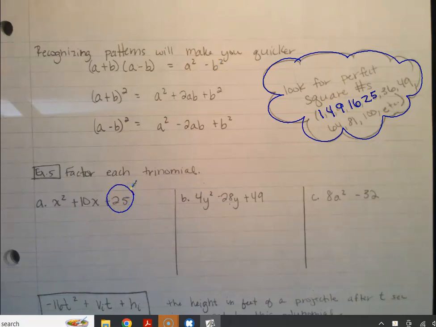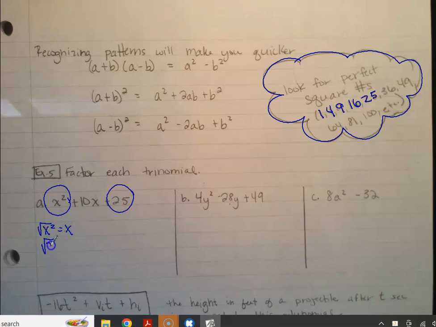That's a clue. So let's look at the front. Is x squared a perfect square? Yeah. What I mean by a perfect square is, can you take the square root of it? The square root of x squared is x.